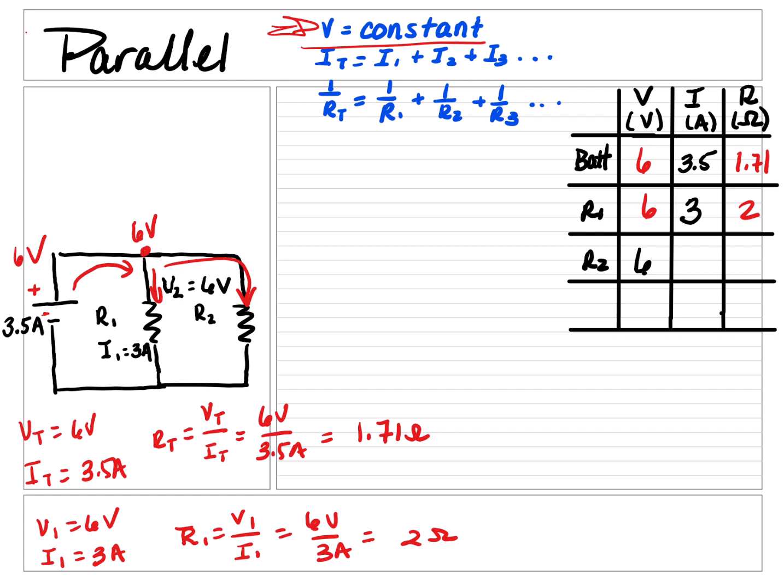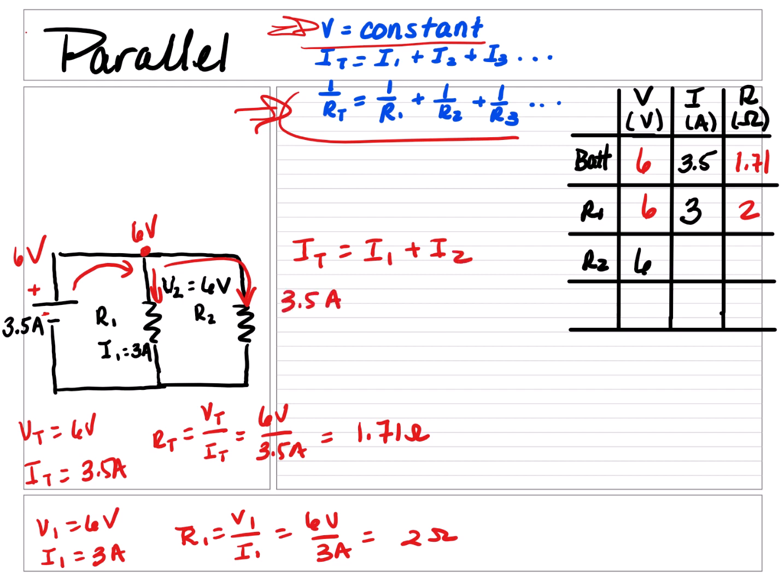I could find I2 using the total current formula and then solve for R using Ohm's law, or I could solve for R2 using the total resistance formula. This is going to be a little bit harder because you are dealing with fractions. So I would solve for the total I equals I1 plus I2 because we know what total I is.